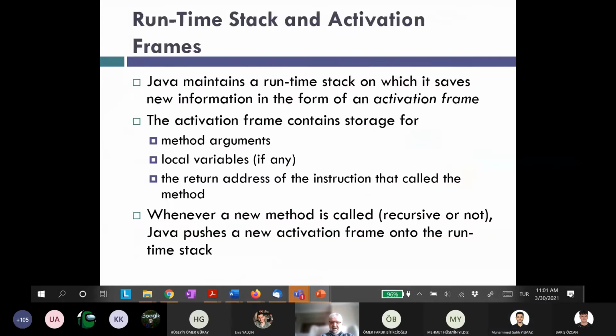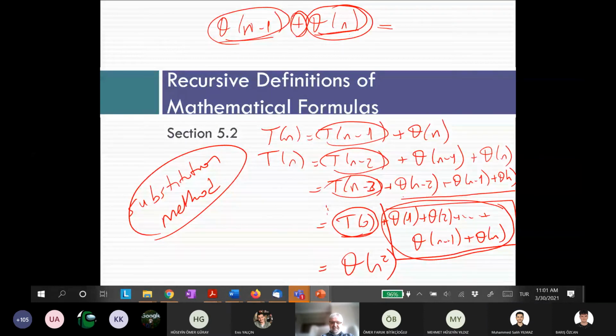For example, here we have a T0 term, right? If T0 is theta n cube, then it is theta n cube plus theta 1, theta 2, theta n minus 1, etc. And it will be theta n cube then, right? Of course, it makes a difference.